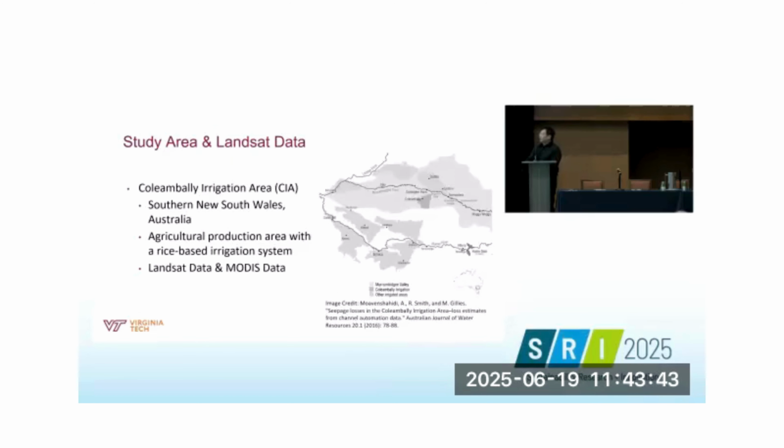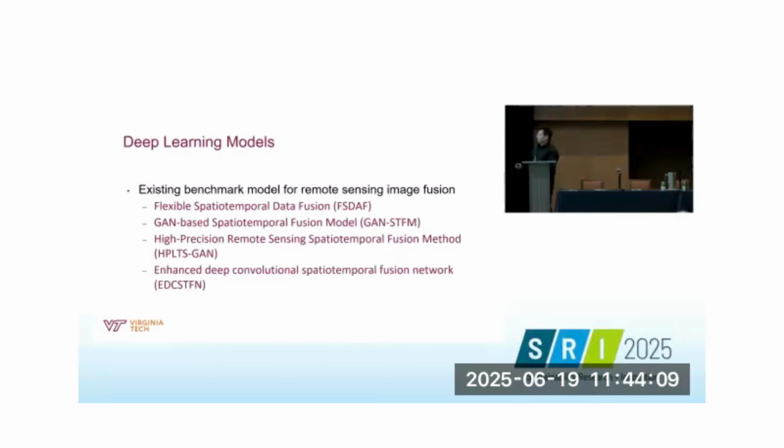It is called the CIA location. It is an irrigation area dominated by rice production and agricultural production. As you can see, it is a relatively small area, and we are looking at this location to see if we can generate a model for image fusion for that location.